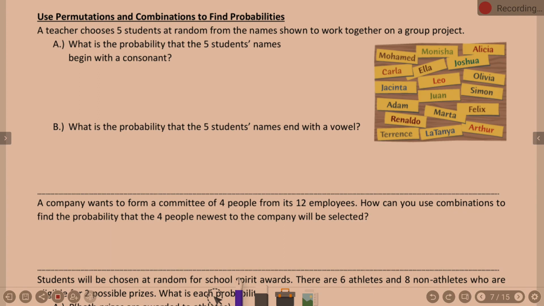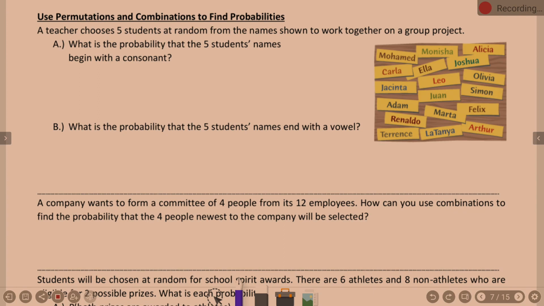Here's the deal. In order to do probability, you have to know a total amount, yes? And then you have to be able to figure out what you're looking at on top. With this amount of names, it's hard to just do counting up. And so this is where we can use our permutations and combinations.